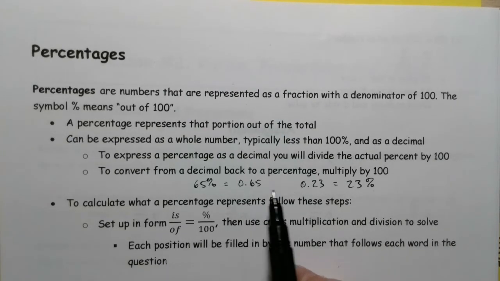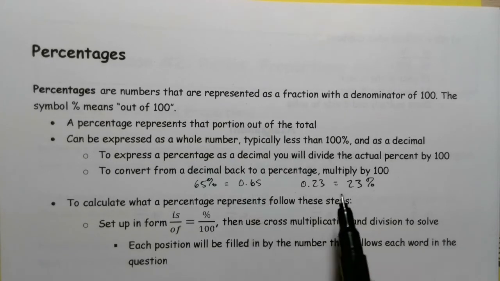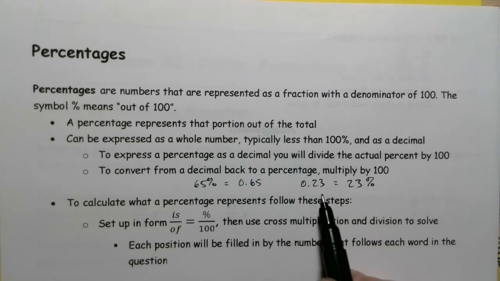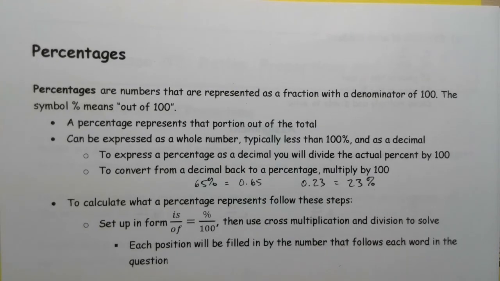When I'm looking at these decimals, I'm still communicating that idea of a fraction out of 100, based on where that final digit is. This is 65 hundredths, and this is 23 hundredths, because of the place value of that last digit.